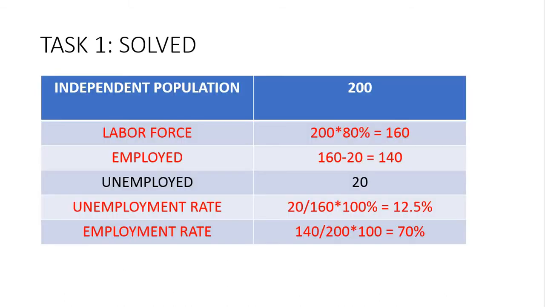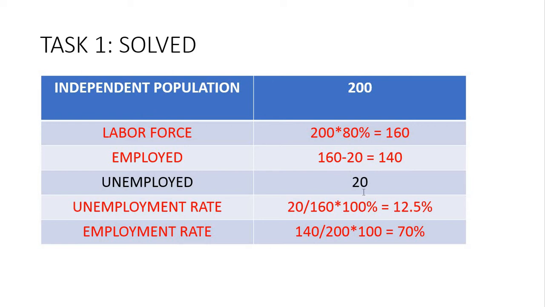So first, we start with calculating the size of the labor force. For this, you have to multiply size of independent population by labor force participation rate, and you will get 160 billion. We know that there are 20 billion of people unemployed.